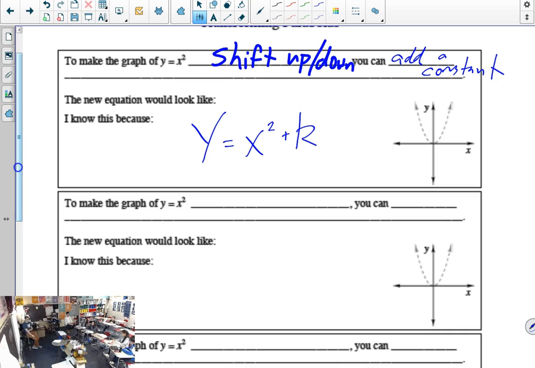If we want to make the graph of y equals x squared stretch, we what? Stretch horizontally? Multiply x. Just the stretch, the changing of the steepness. Multiply x squared by a number. Oh yeah.